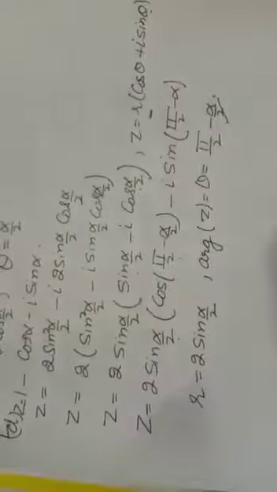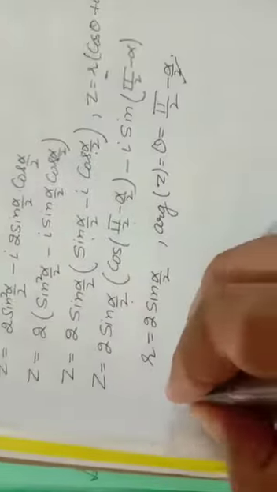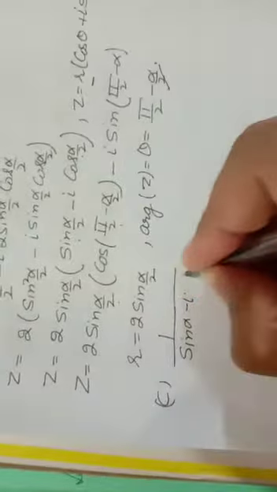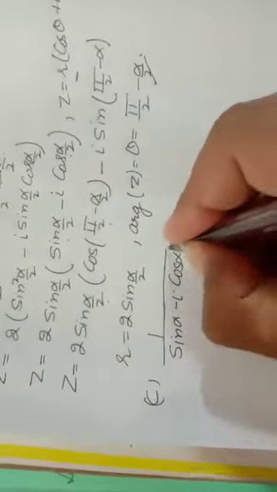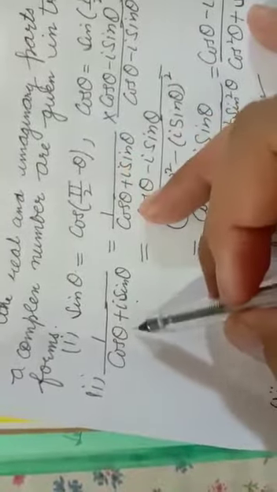If we discuss one more case, that is the C part, 1 upon sin alpha minus iota cos alpha. Which rule is applicable here? If the reciprocal of some complex number is given, what will be our rule? Our rule says we do the rationalizing, and then we will get the simplified form of the complex number.